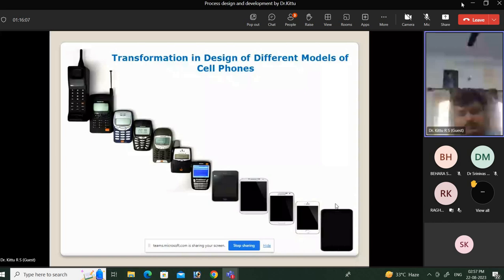Always, the young generation makes a bright future by making innovative ideas. Hence you require a lot of changes.